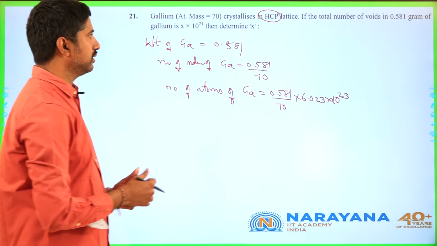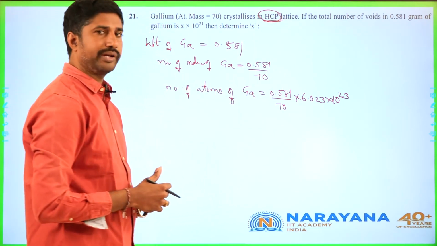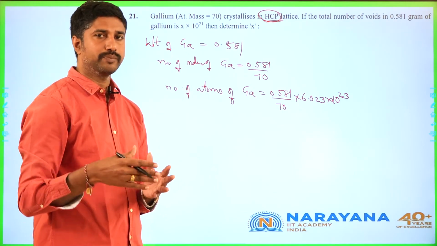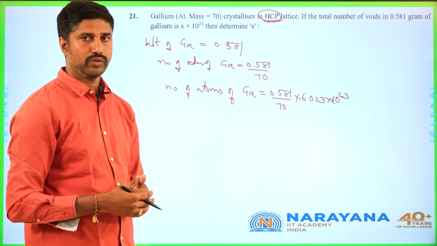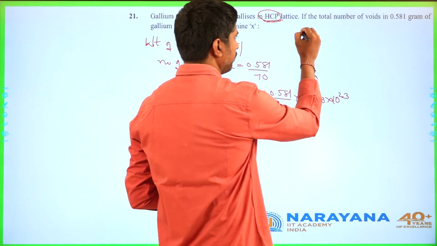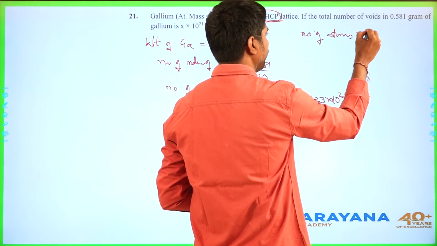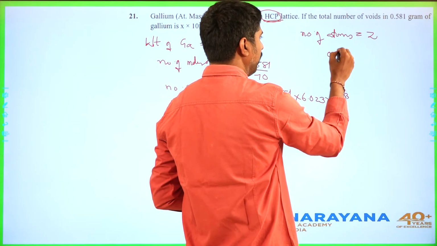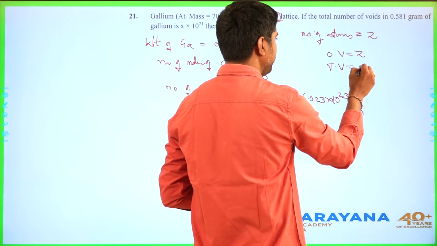As we know that it is HCP type, the effective number of atoms present per HCP unit cell is 6. And for a general idea, if the number of atoms effectively present is Z, then octahedral voids will be Z, and tetrahedral voids will be 2Z.